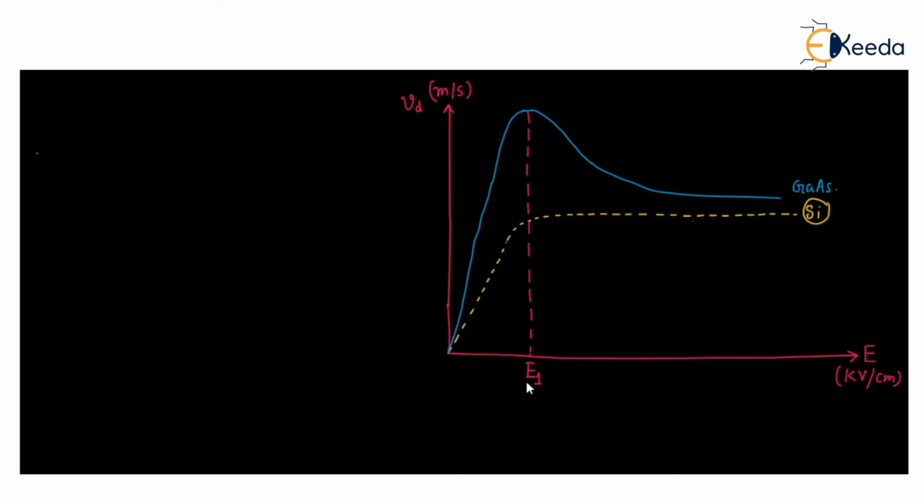According to the E-k diagram in an n-type gallium arsenide, it looks like this, and there will be a valence band also. This is our valence band.